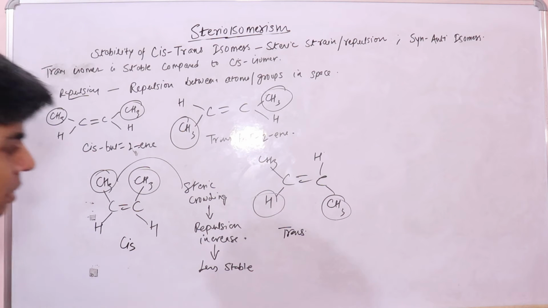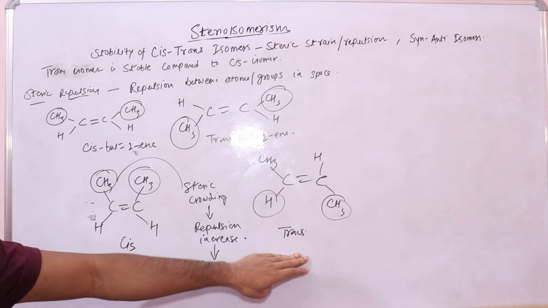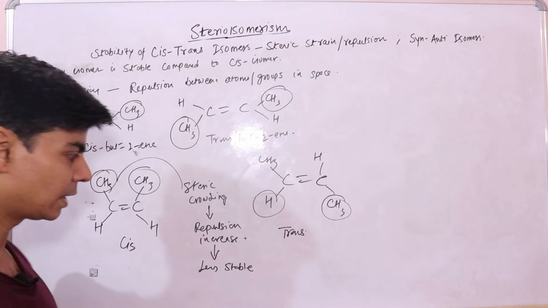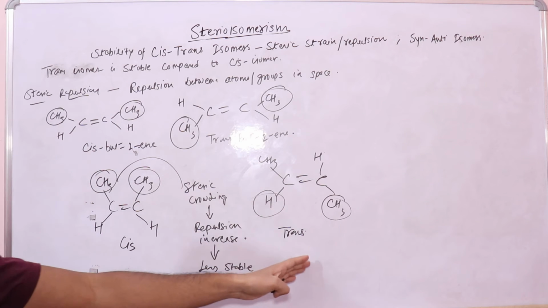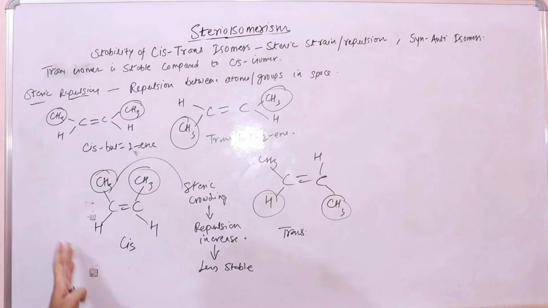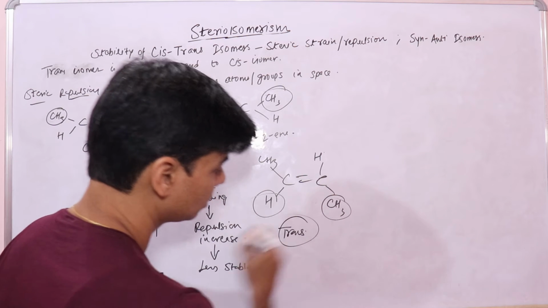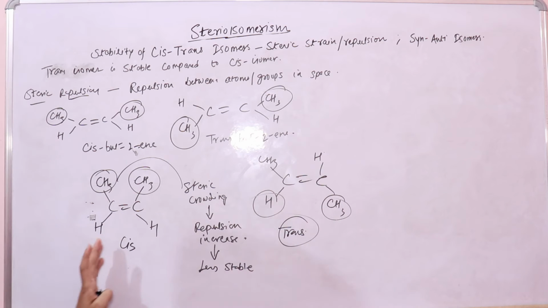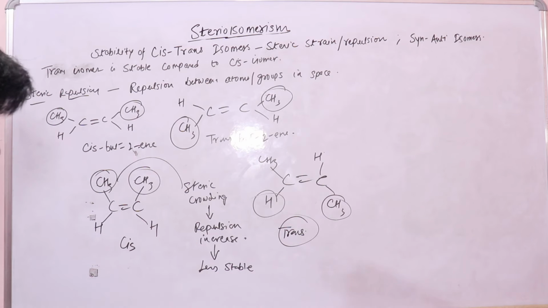Due to this, repulsive forces are less compared to the cis form. Since repulsive forces are less in the trans isomer compared to the cis isomer, you have more stability in the trans form, or the trans form is more stable compared to the cis isomer. I hope this is clear.